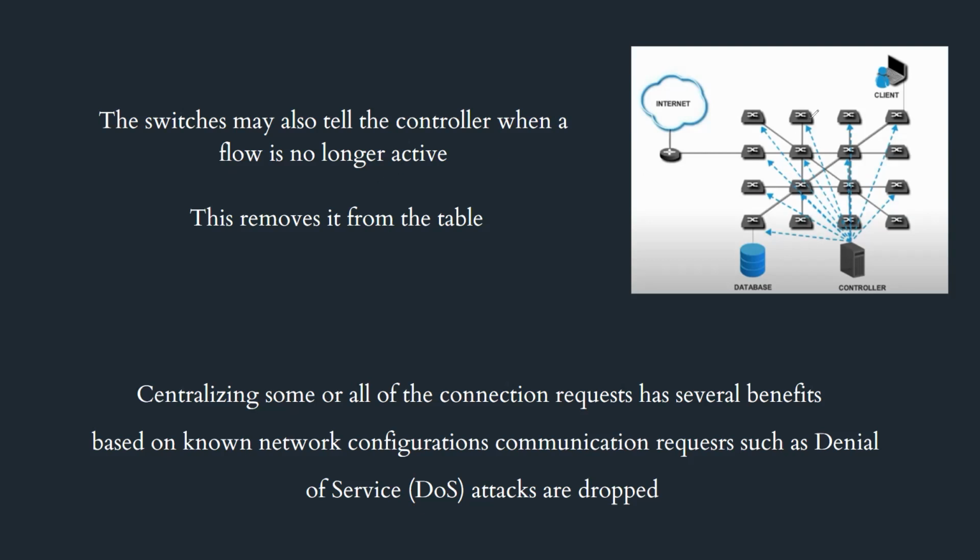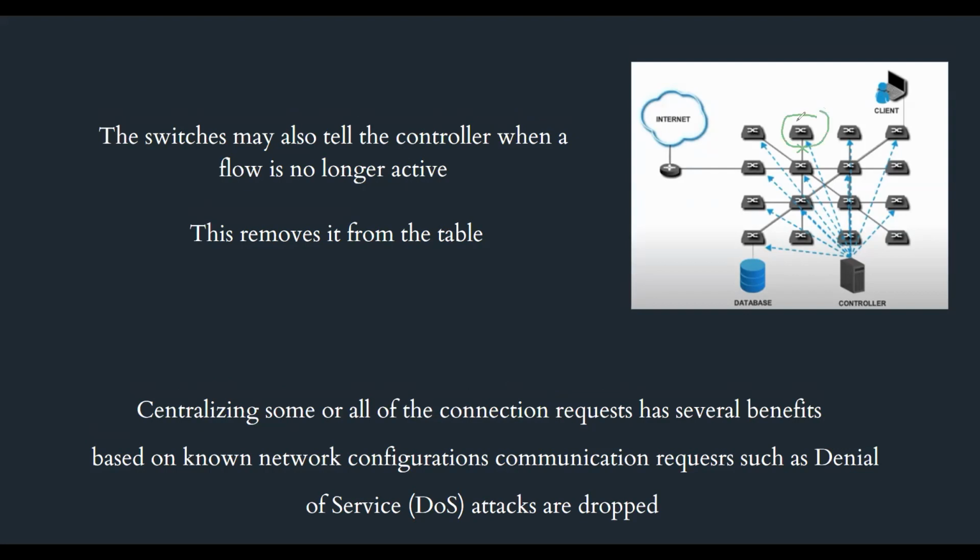So if there's a switch whose link to the network is broken, then that switch will no longer be active, and that switch will not be useful anymore. In that case, the controller will remove the record of that switch from the records it has, and it will only keep a count of all the active routers in the network.